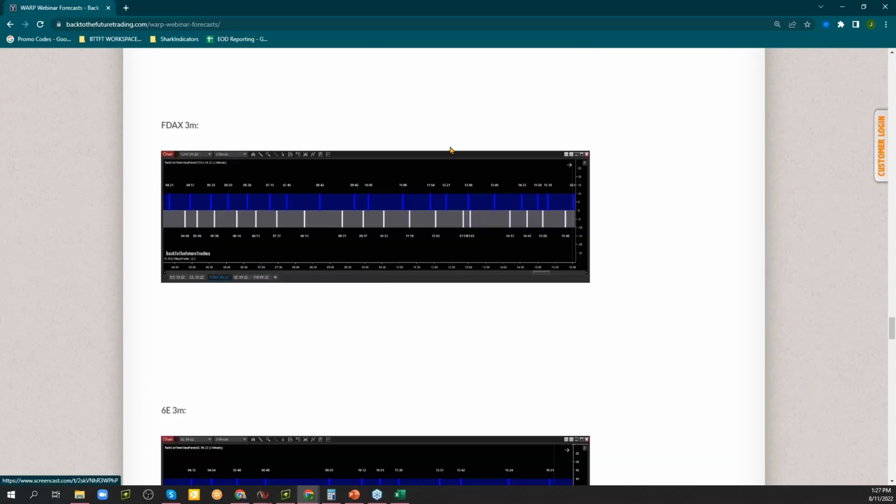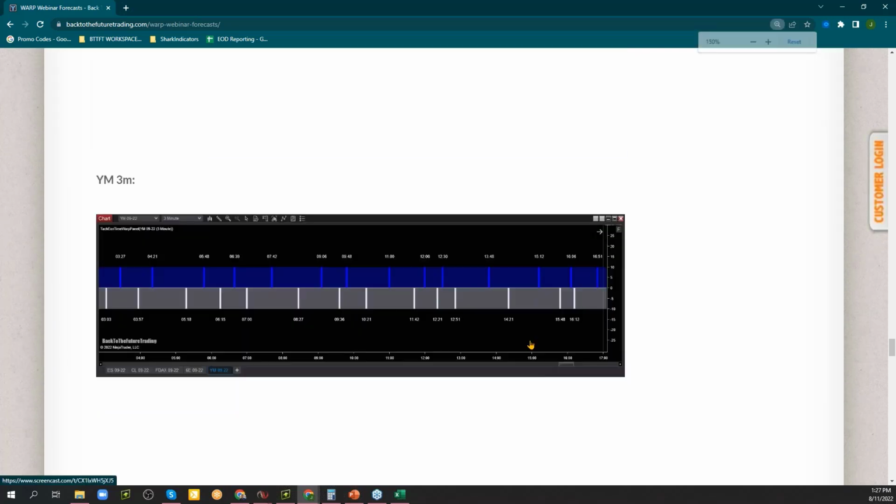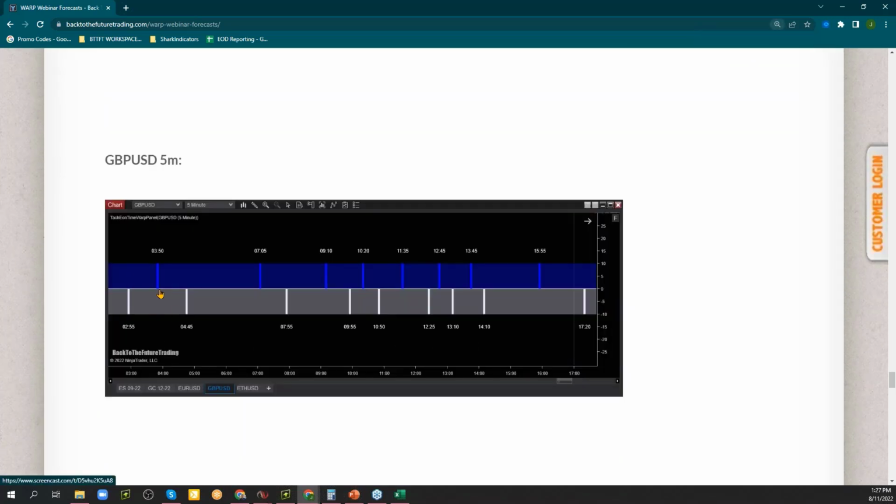So what this does is it makes it impossible to curve fit and to cheat the system, I guess. So yeah, it does sound too good to be true. It totally does. Well, it's not as simple as just looking at this and going, okay, so blue times mean price goes down, white times mean price goes up.